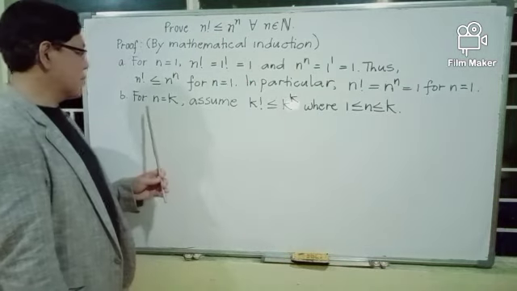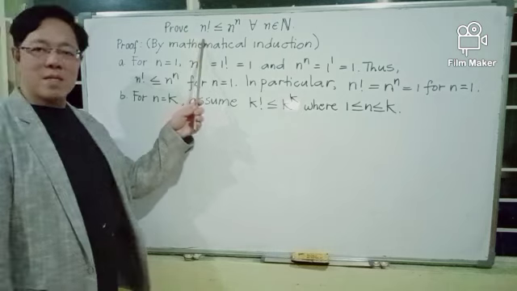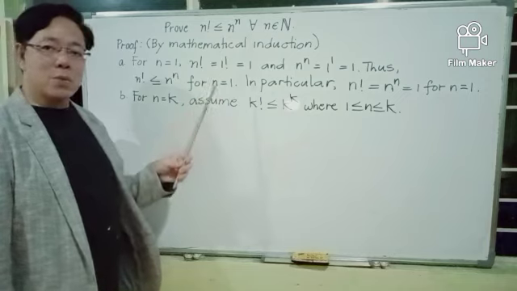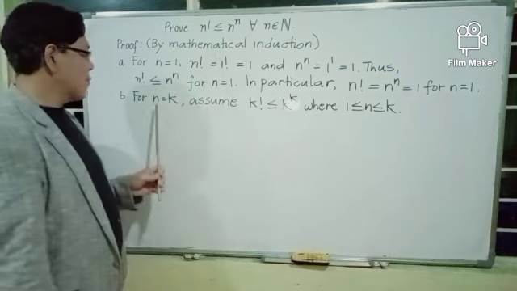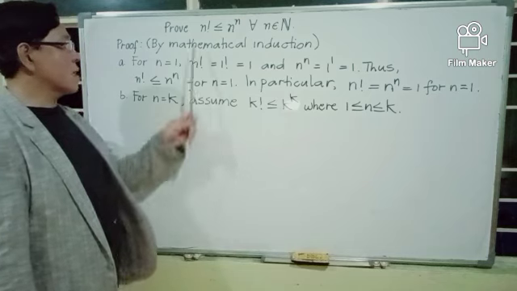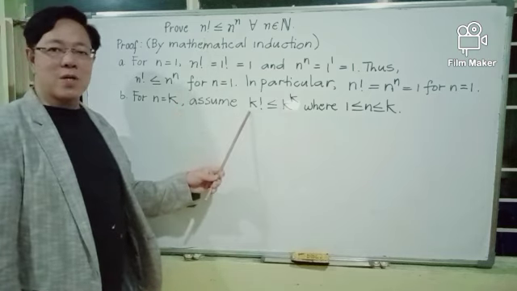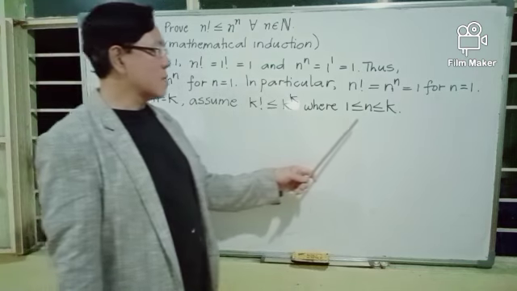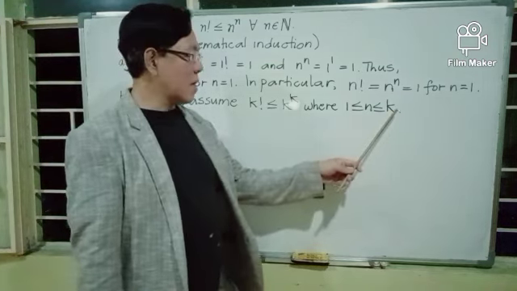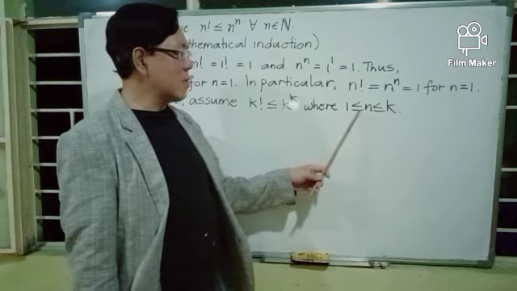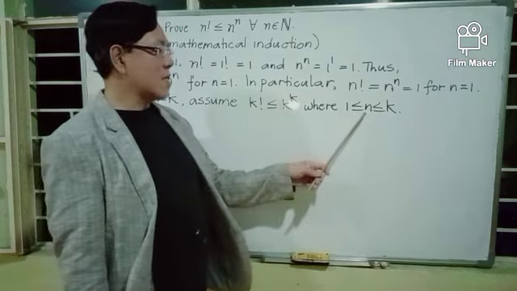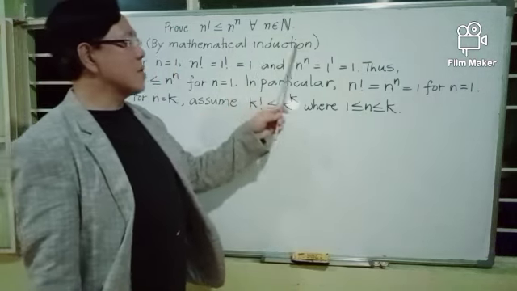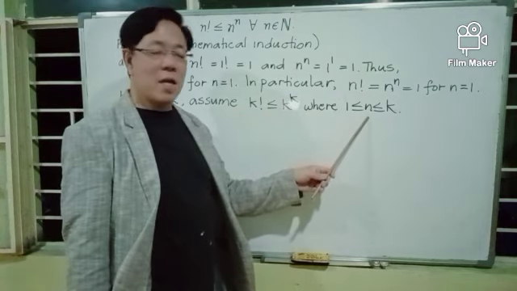For the second part of the proof, we assume that this mathematical statement, n factorial less than or equal to n to the power n, is satisfied when n equals k. When n equals k, you replace n with k, you get k factorial less than or equal to k to the power k, where k is greater than or equal to 1, because n is a natural number, the smallest value that n can take is 1.